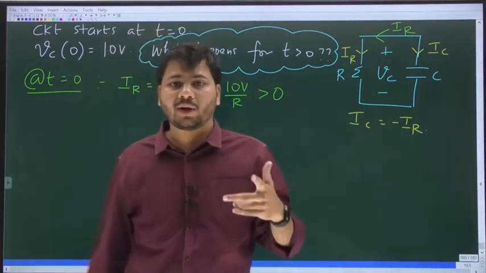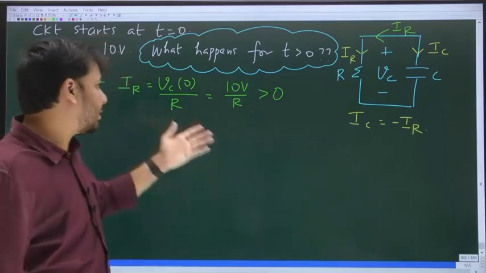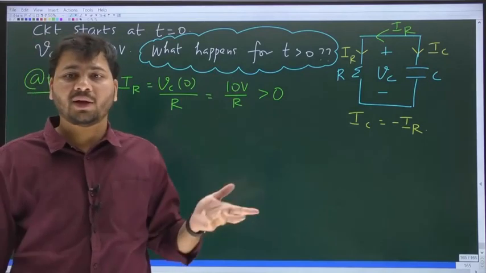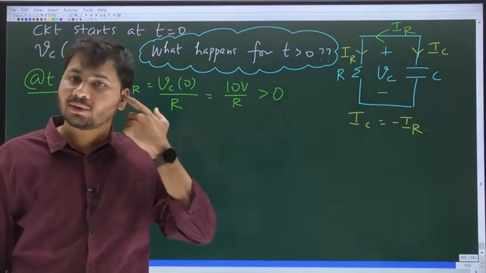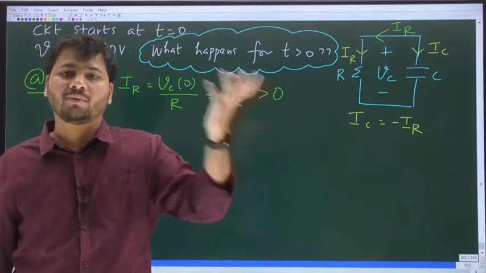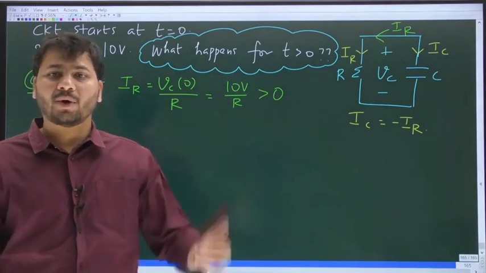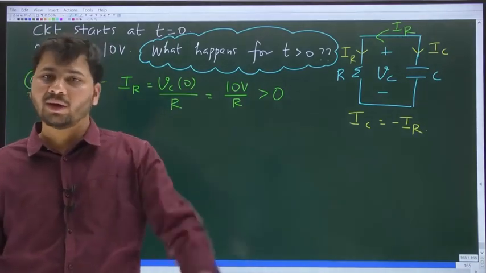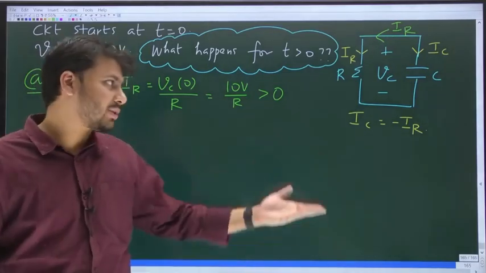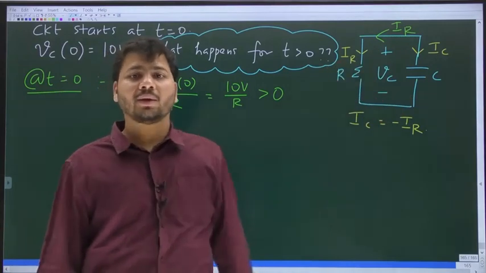For any capacitor, if a positive current flows out of the plus terminal, will the cap get charged or discharged? Please type in the chat box. Positive current flowing into plus, the cap will get charged. Positive current flowing out of plus, the cap will get discharged. Obviously, the cap is going to get discharged through the resistor.